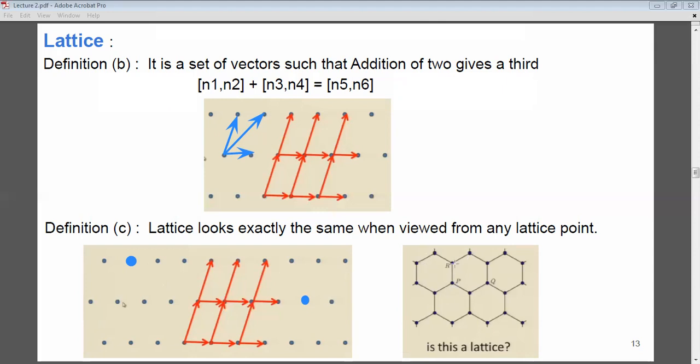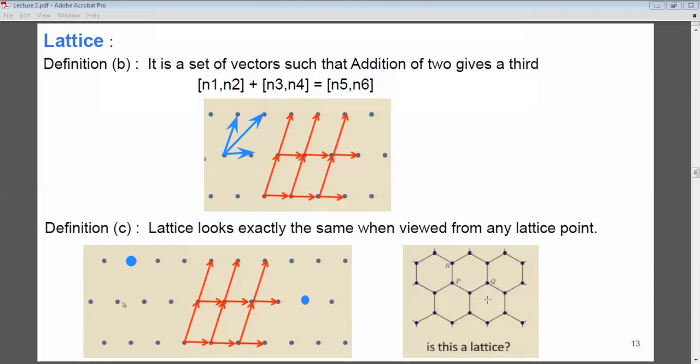And an easier way to see it is R has point P downward, whereas P has point R upward. So it doesn't have a point downward similar to R. So point R and P are not equivalent. P and Q, however, are equivalent. But just because R and P are not equivalent, this is not a lattice. So this is a third way to see if the structure is a lattice or not.